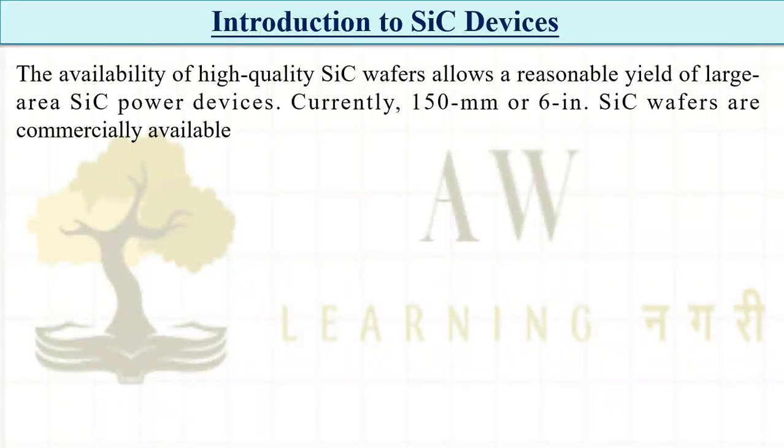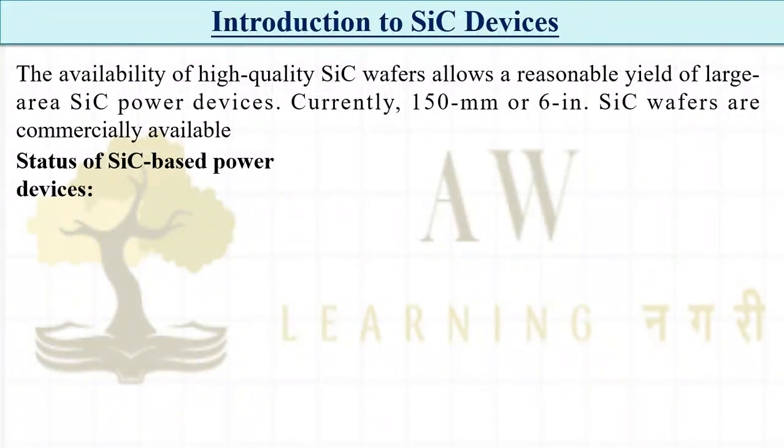The same manufacturing technique is available for silicon carbide also for wafer production, and its availability is reasonably good. So that's why we can make more devices through silicon carbide, but it is not that mature, and that is why there is a need to characterize this device.